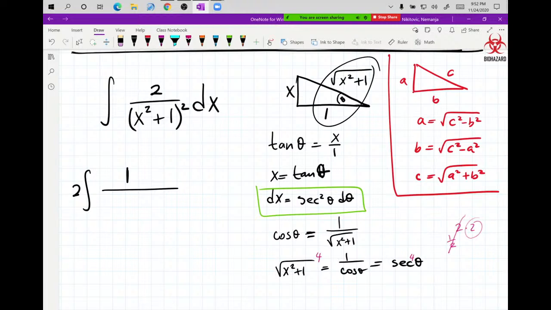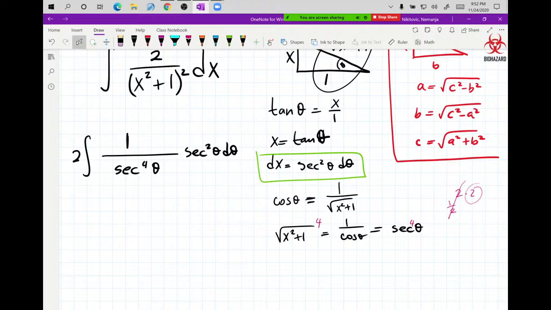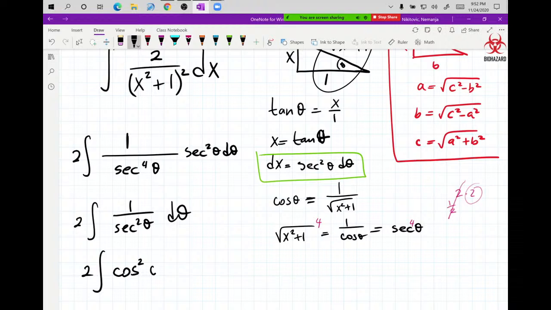So what you actually have at the end is secant to the 4th theta, and then instead of dx, you have secant squared theta d theta. And now you see that they nicely cancel. You get 2 times 1 over secant squared theta d theta, which is 2 cosine squared theta d theta.